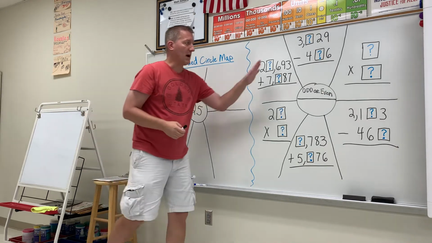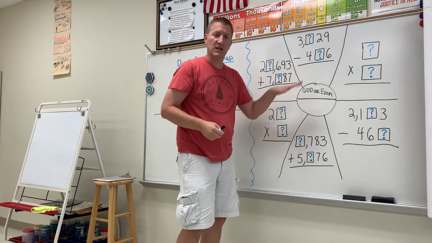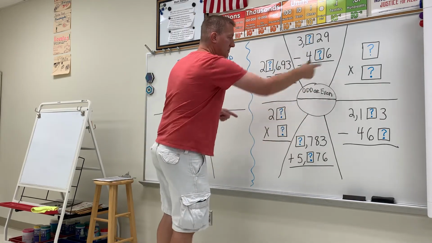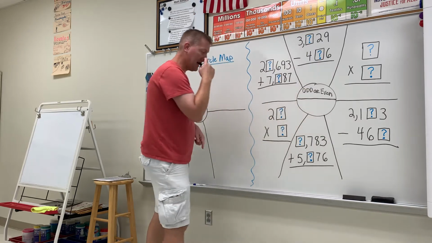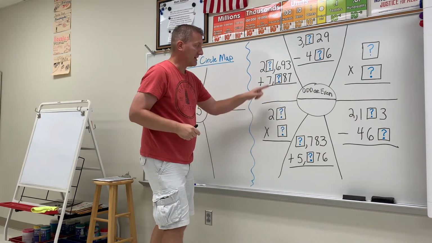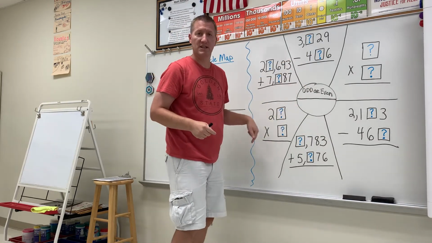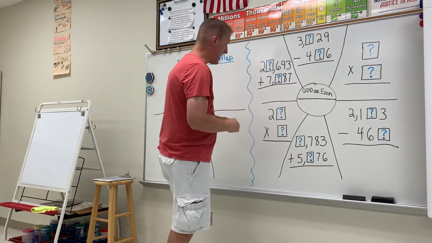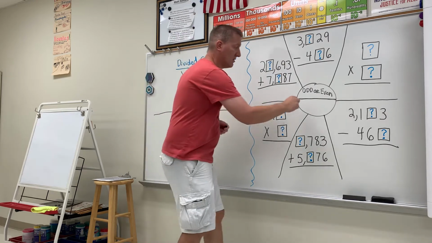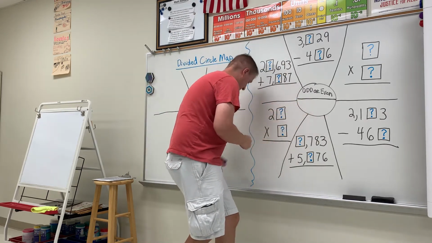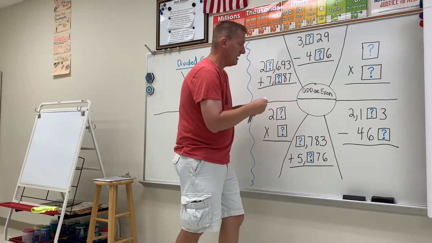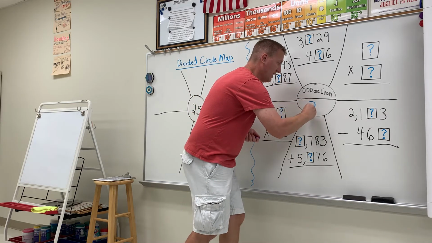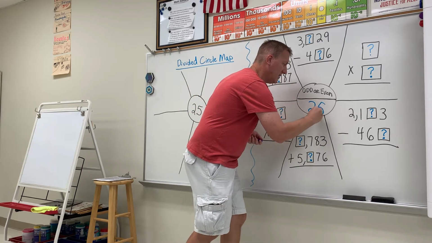Okay, now I want you to come over here, and this is the same divided circle map that I made, except I have equations in there, or problems that you're going to do. Now the way this works, if our number of the day was 25, I would write that in here.